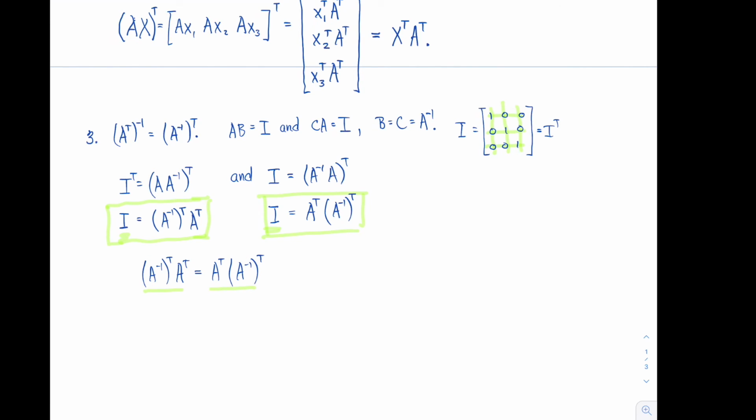And not only that, but they equal I. Well, this implies that A inverse transposed also has to equal the inverse of A transposed. It has to be that. And so that's how you can say that A inverse transposed is equal to A transposed inverse.